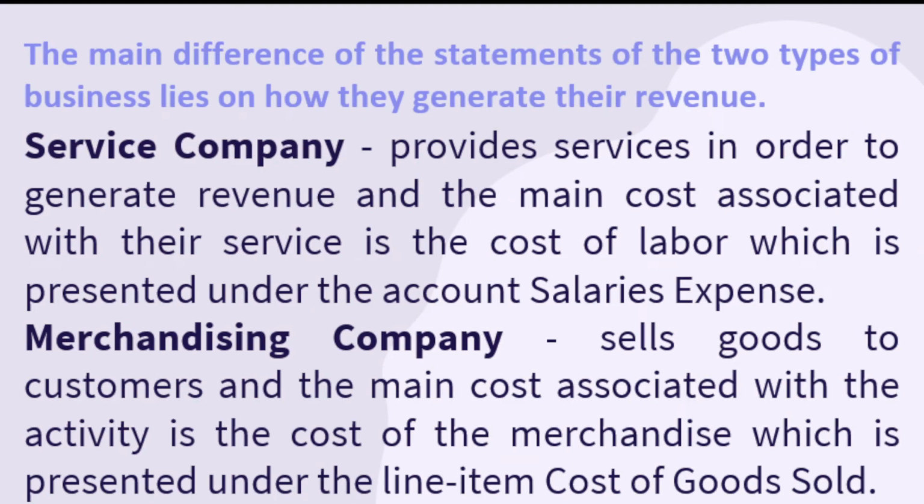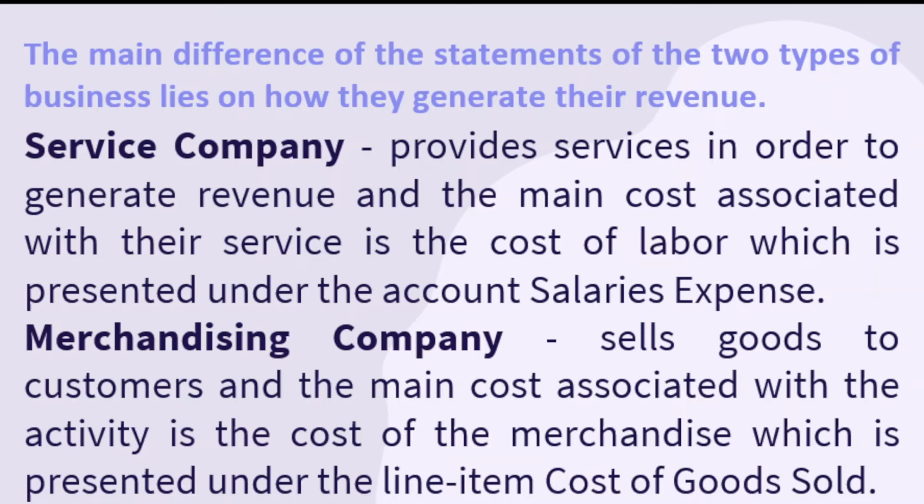Alright, now, let us discuss the main difference of two types of companies na ginagawa natin ng income statement. So first one, of course, service company. Alam naman natin to from the name itself. You provide services para maka-generate ka ng revenue. Minsan yung mga service company, they have other income.